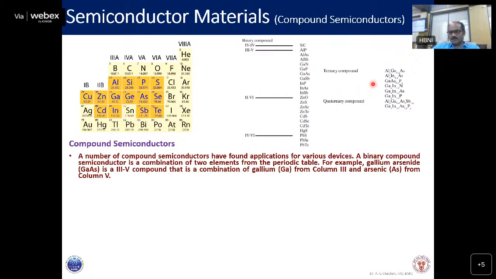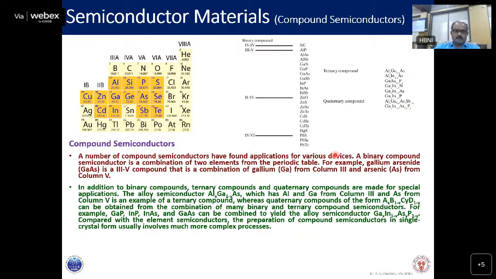Then we have ternary compounds also, in which you have three elements. Mostly it was from two elements only, but one element was replaced by another element of the same group in a small fraction. Suppose you have aluminum gallium arsenide. It was basically gallium arsenide, and in gallium arsenide some fraction of gallium has been replaced by aluminum, so ultimately it becomes a ternary compound. We have some quaternary compounds also: aluminum, gallium, arsenic, antimony.